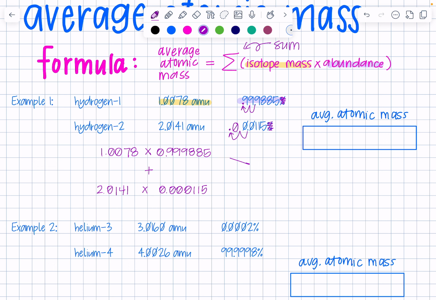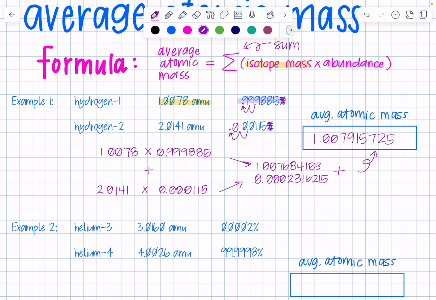Okay, so I get 1.007684103 and 0.0002316. When I add those two things together, what I get is the average atomic mass of 1.007915725.